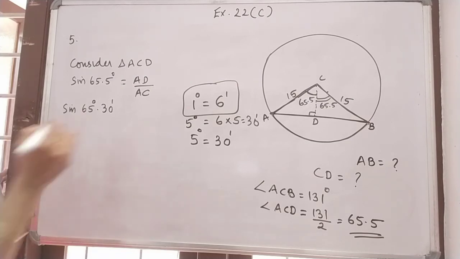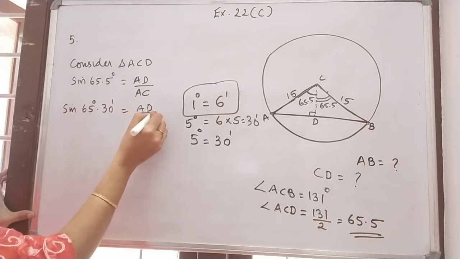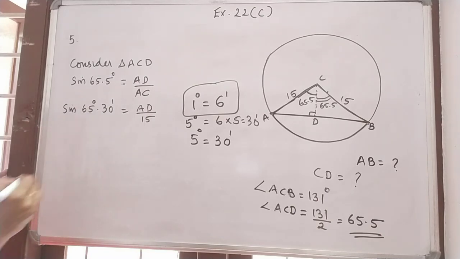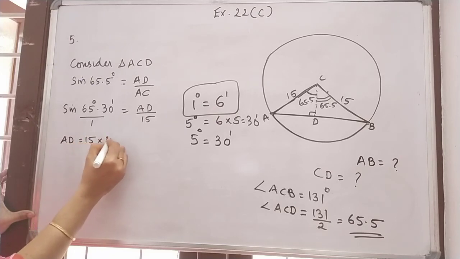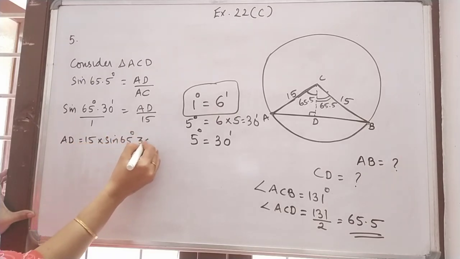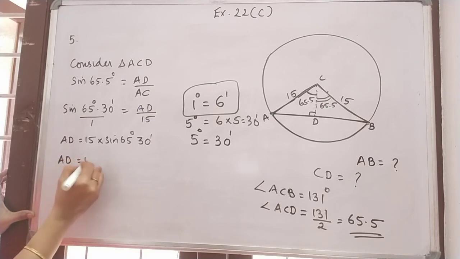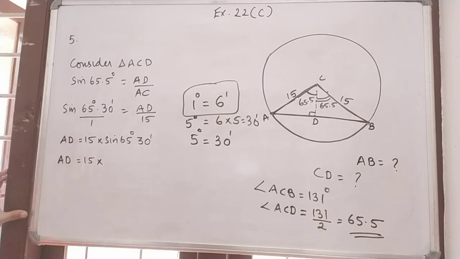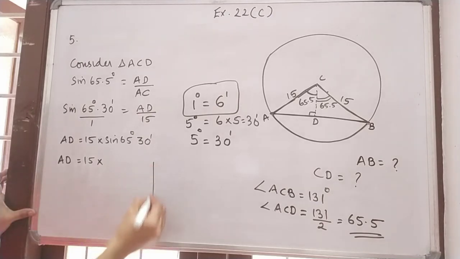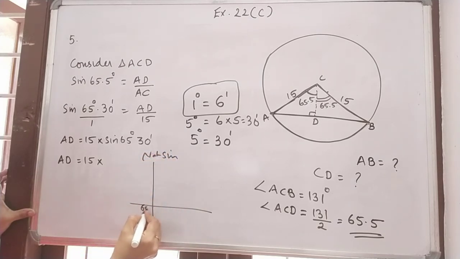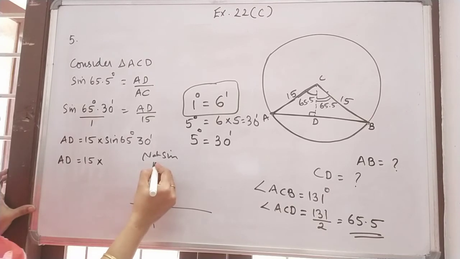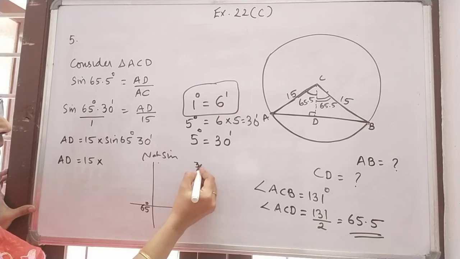65 degree 30 minutes is equal to AD divided by AC, which is 15. Cross multiply. You will get AD is equal to 15 into sine 65 degree 30 minutes. From the table, find sine 65 degree in natural sines, then you can see minutes; from there you search 30 minutes.